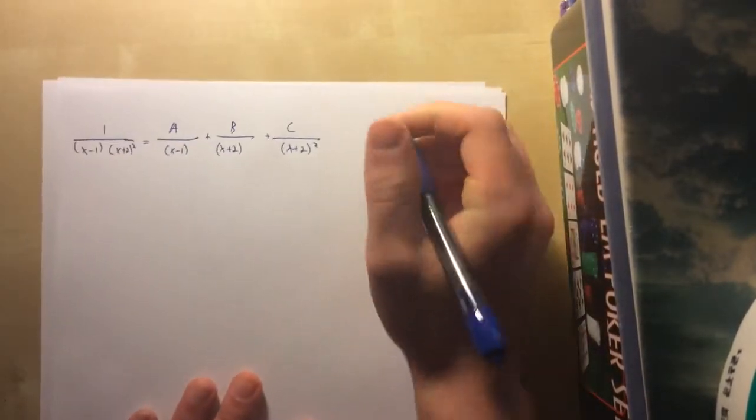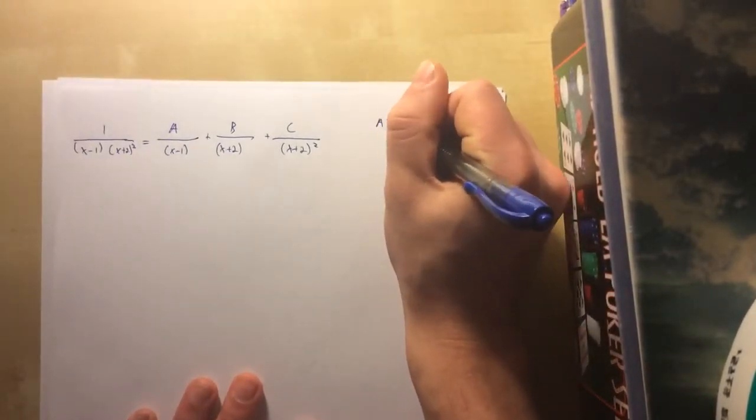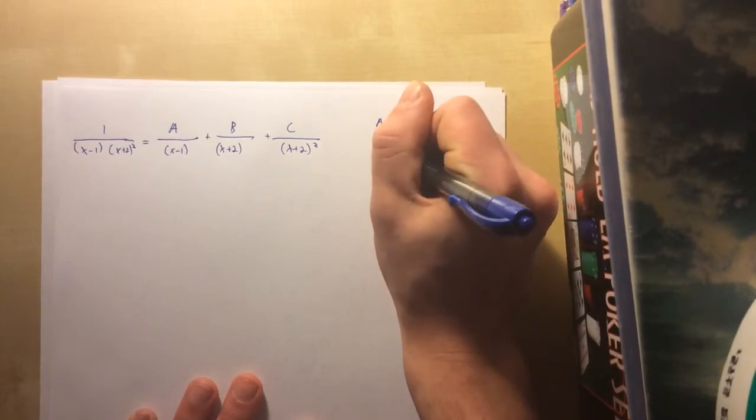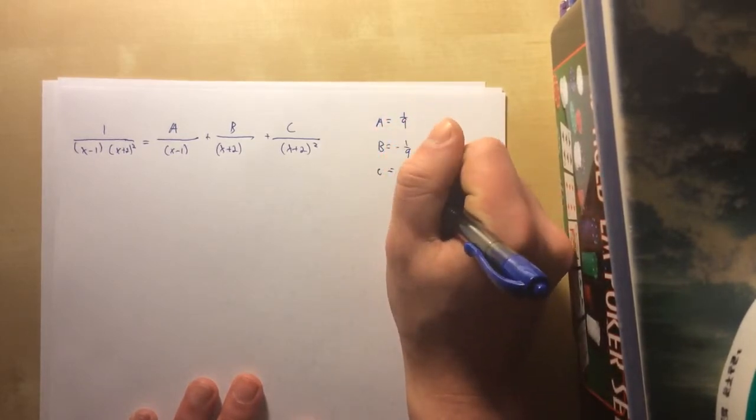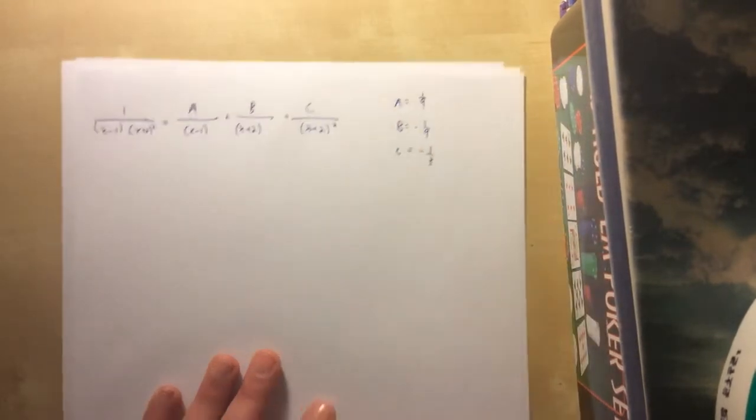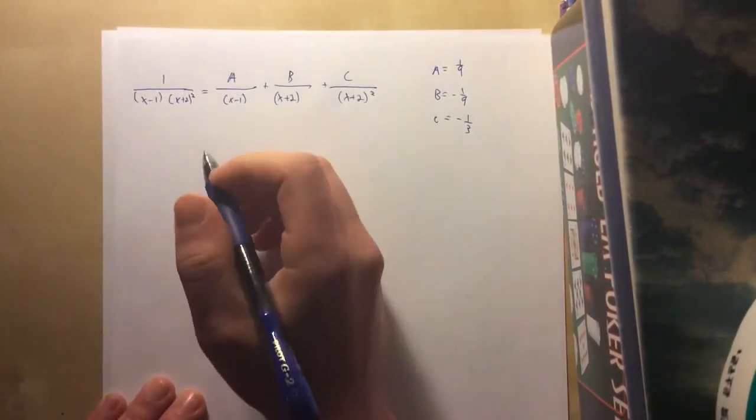And once we found out that a is equal to 1/9, b is equal to negative 1/9, and c is equal to negative 1/3, let's go ahead and plug that in.